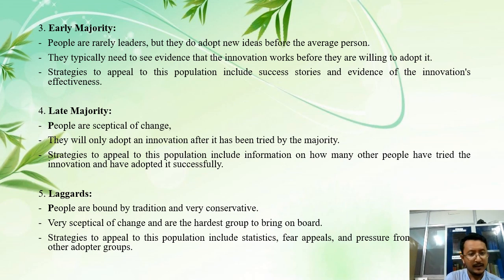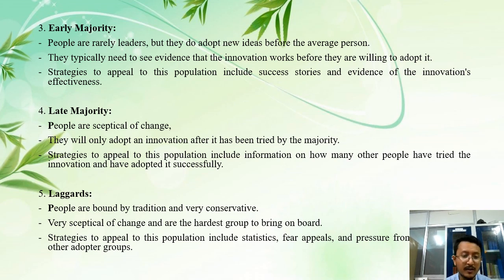Lastly, the last group of people are known as laggards. These are people who are bound by tradition and are very conservative. These are even more conservative people than the late majority group, right? And they are even more skeptical of change. These people are typically the hardest group to bring on board or to convince.